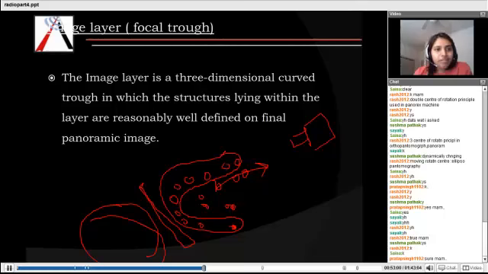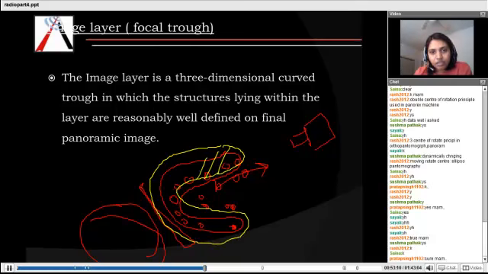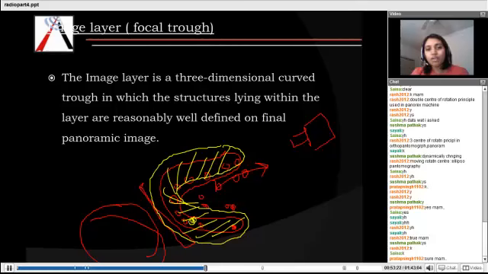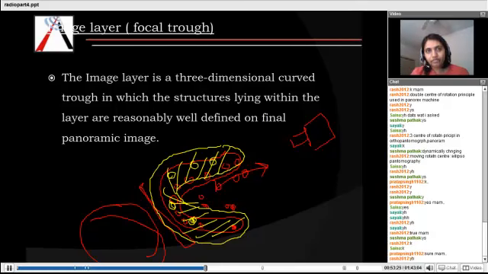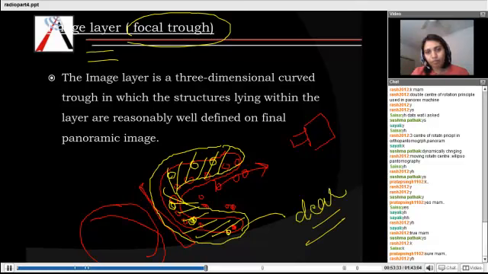Ultimately, we will be able to record the structures in a particular zone, which was very favorably recorded on the image receptor because our movements were in sync with the image receptor. If our structure lies within this particular trough, this is called the focal trough or the image layer. If a structure lies within this, it will be clear and recorded on the image receptor. If it lies outside, whether here or here, the structure will be distorted.